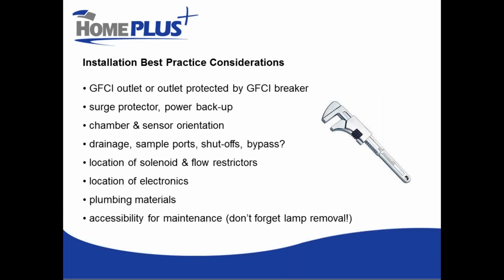So some best practices considerations. Technically speaking, because you have electricity and water nearby, you should be using a GFCI outlet or an outlet protected by a GFCI breaker. It's a good idea to have, as a bare minimum, a surge protector on the system to help protect against power surges that could potentially damage the equipment.